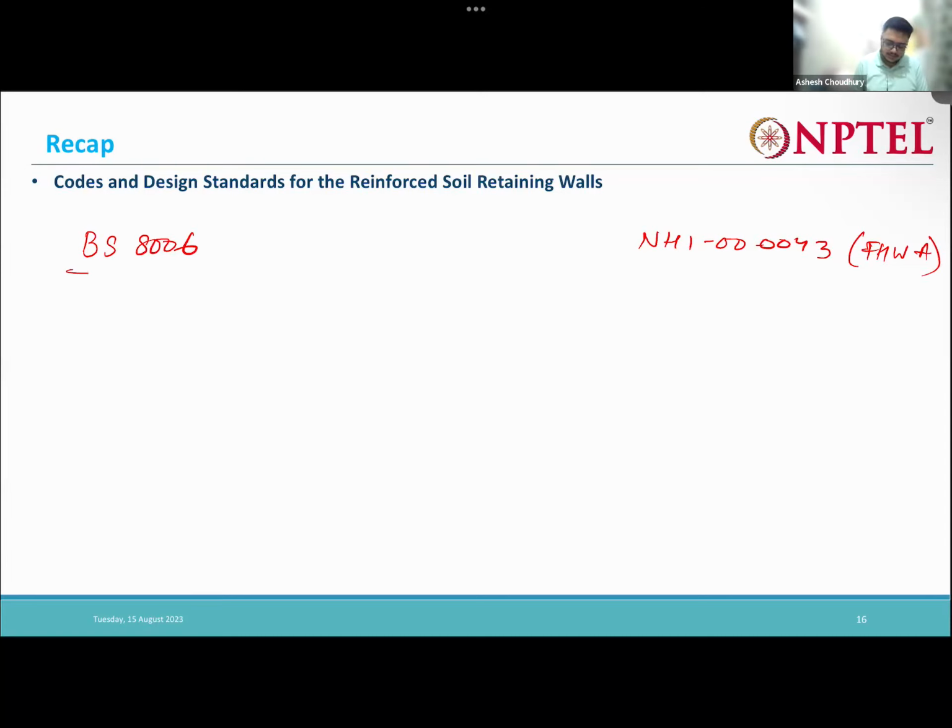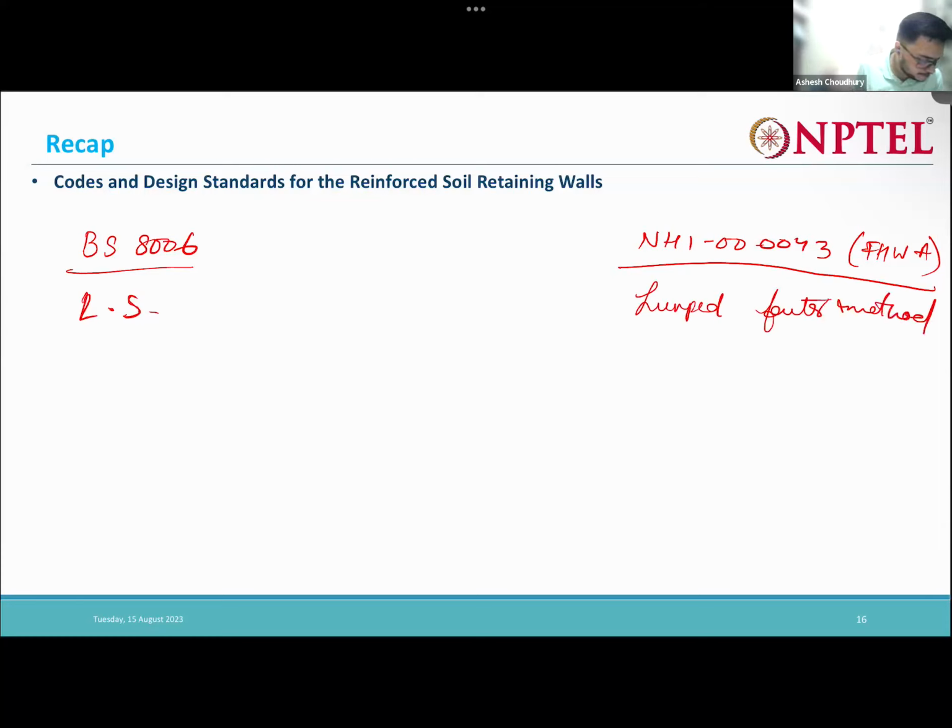BS 8006 is based on the limit state method, and FHWA is based on the lumped factor approach.